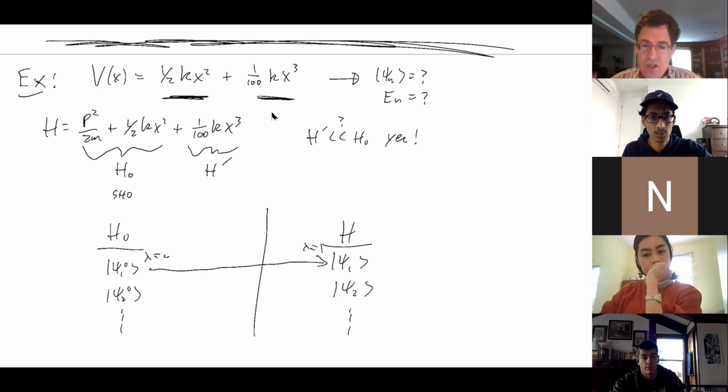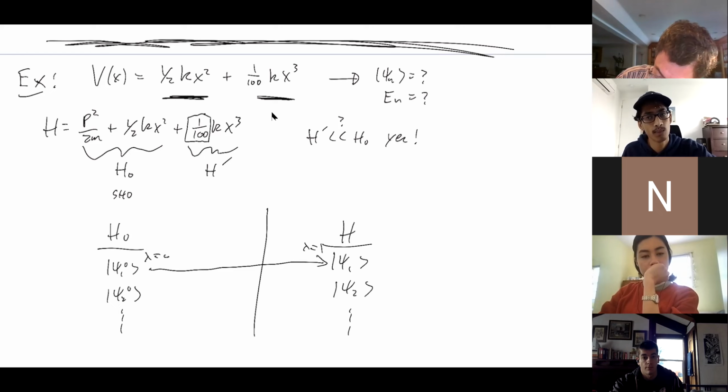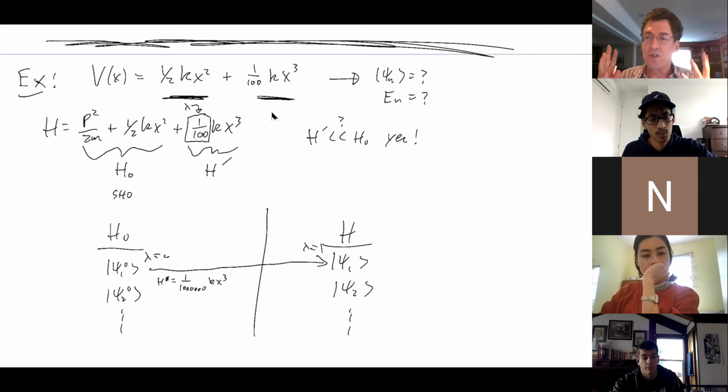So in your own mind, you could just say, well, what does that even mean? Well, let's call this factor right here, I don't know, I'll call that C times, like this is my lambda. So suppose I had H prime equal to 1/1,000,000th of kx cubed. What's the solution?